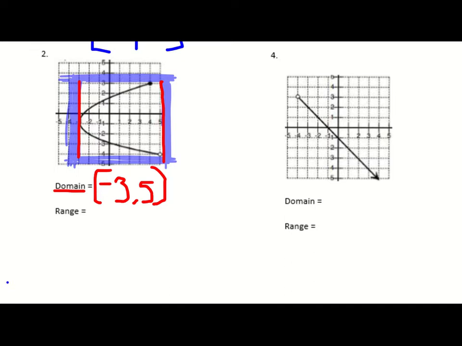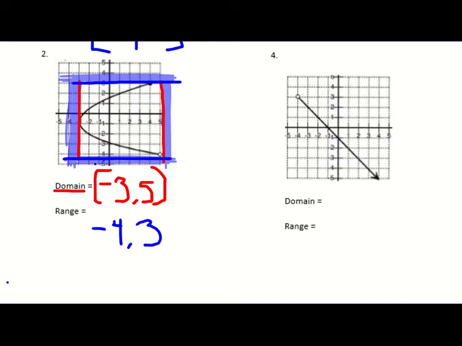The next thing I'm going to find is my range. Your range is your lowest point on your graph to your highest point on your graph. My lowest point is there at -4, and my highest point is up here at 3.